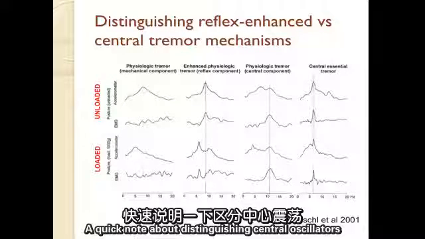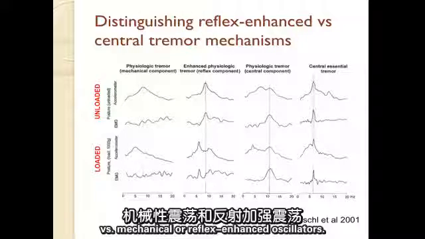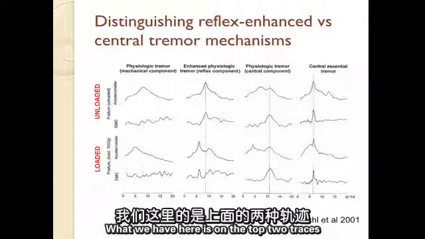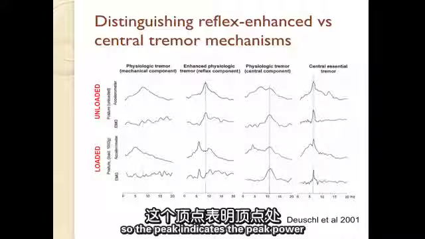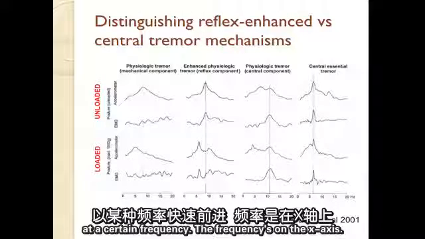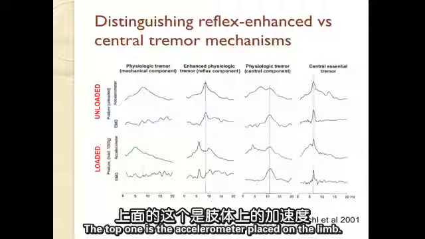Quick note about distinguishing central oscillators versus mechanical or reflex-enhanced oscillators. What we have here on the top 2 traces is a frequency domain Fourier transform. So the peak indicates the peak power at a certain frequency. Frequency is on the x-axis. The top one is the accelerometer placed on the limb.